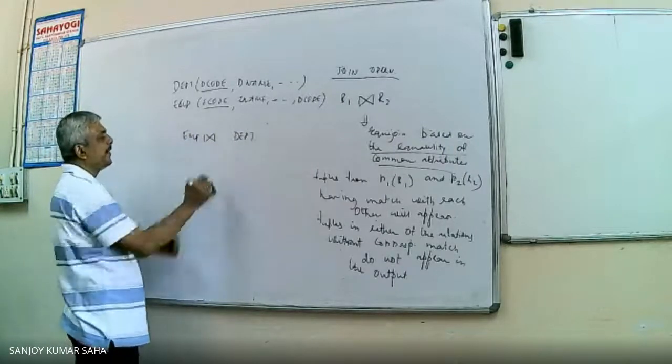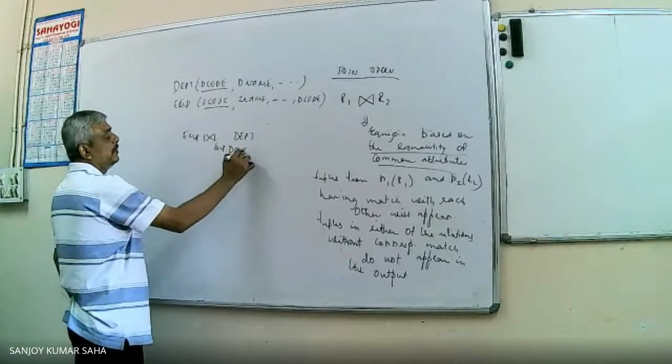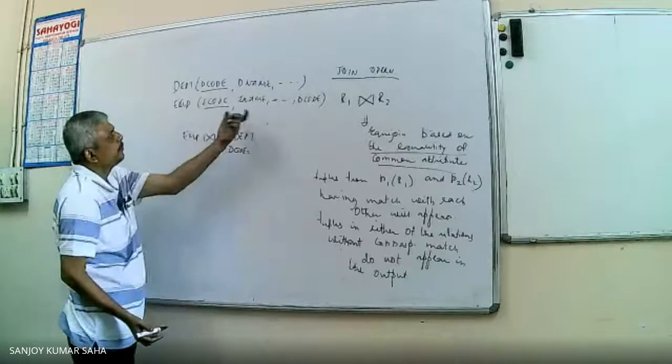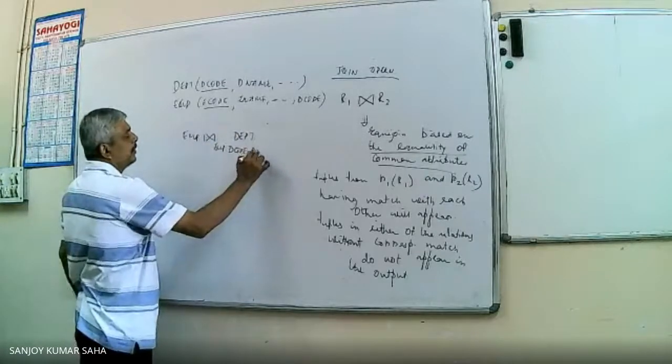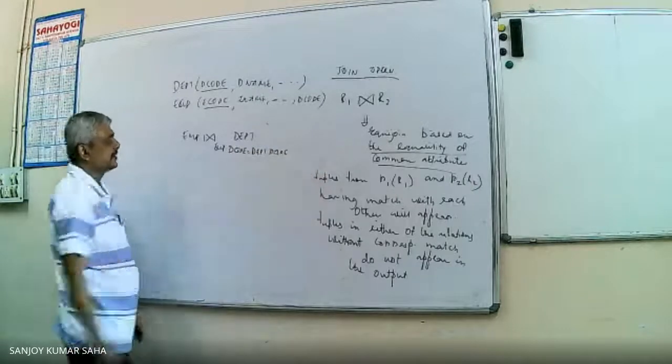If we don't give the predicate, it implicitly means emp.dept_code equals dept.dept_code, the equality of the common attribute. We have only one common attribute, otherwise there would have been AND and so on, etc. Right.